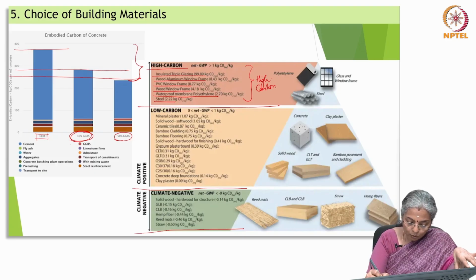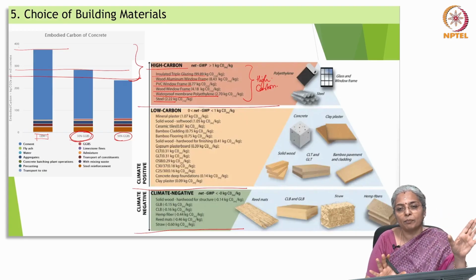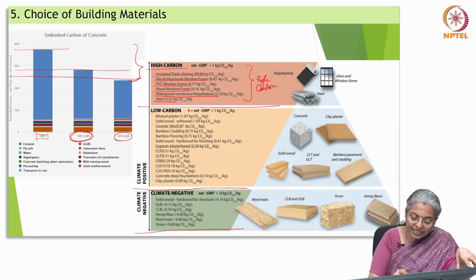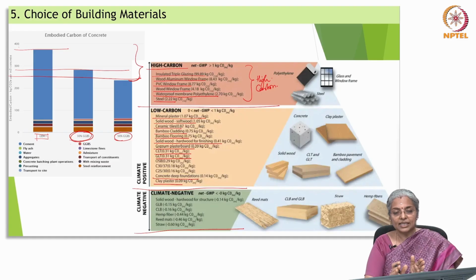Whereas low carbon materials, which can have a positive impact on the environment, are mineral plaster, solid wood or softwood, ceramic tiles, bamboo cladding, bamboo flooring, solid hardwood for finishing, gypsum plasterboard, CLT, GLT, and so on. Concrete deep foundations and clay plaster are all climate positive.